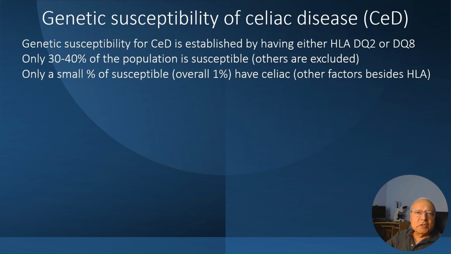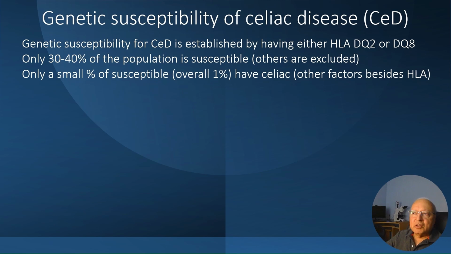Now, 60% of the population does not have these haplotypes, so they are excluded from celiac disease. Only 30 to 40% of the population has these haplotypes. But among these, overall, only 1% of people have celiac disease.